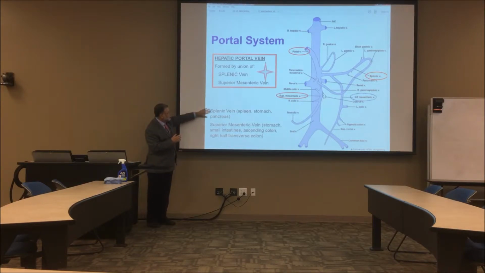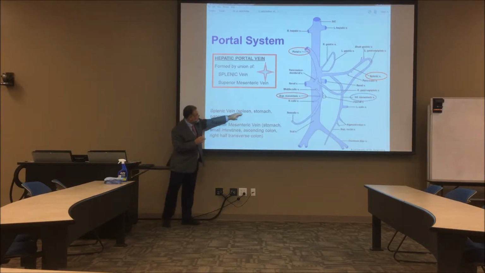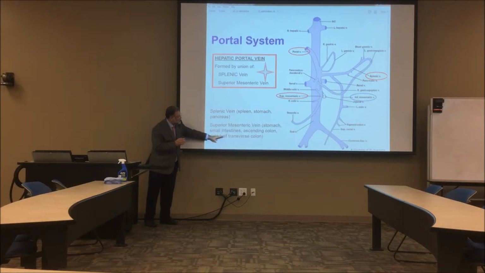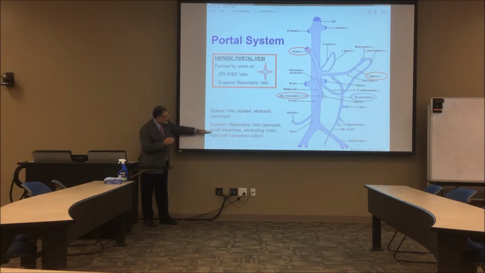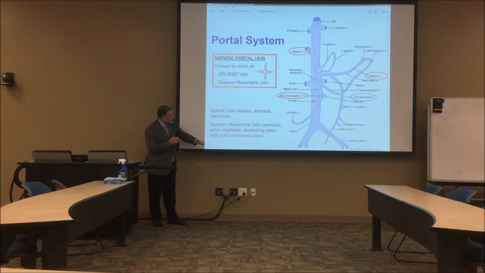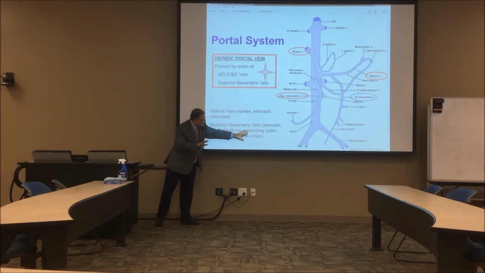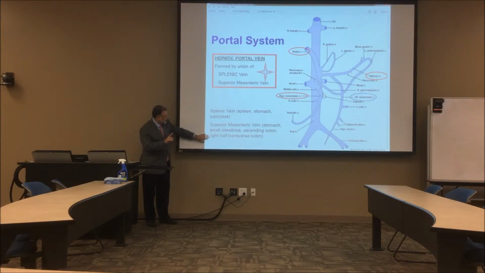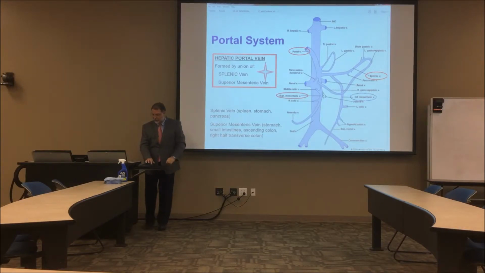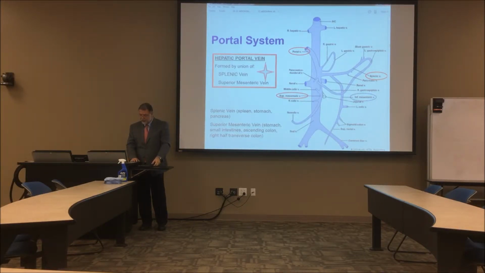The splenic vein is going to be taking from the spleen, the stomach, and pancreas. And the superior mesenteric vein, the rest of the organs: part of the stomach, small intestine, and everything that has to do with the colon except the left side and the descending. That's another topic, but the ascending colon and the right half of the transverse colon, small intestine, and stomach are going to be for the superior mesenteric artery and the superior mesenteric vein.